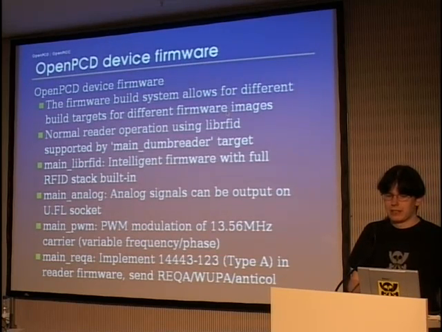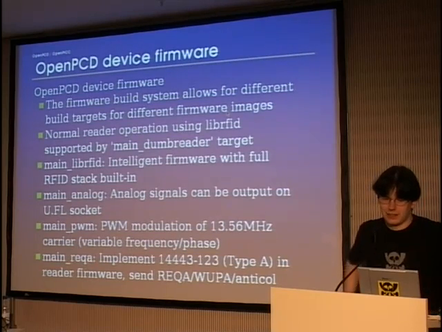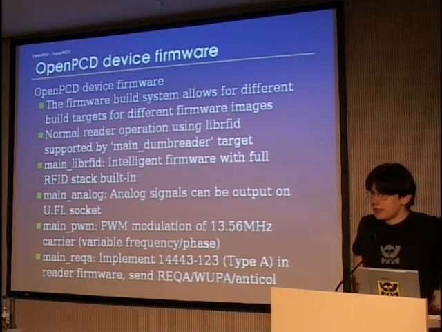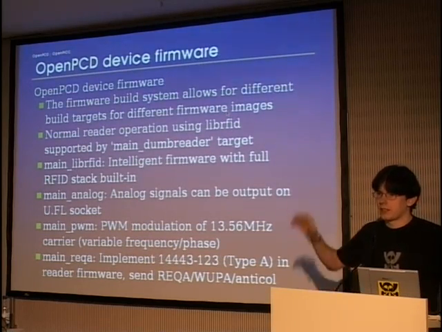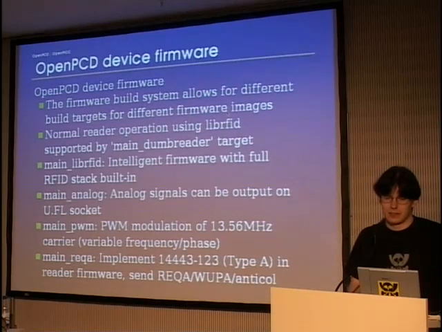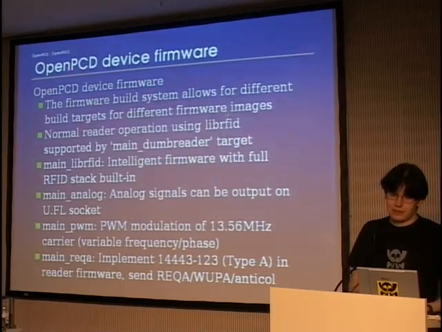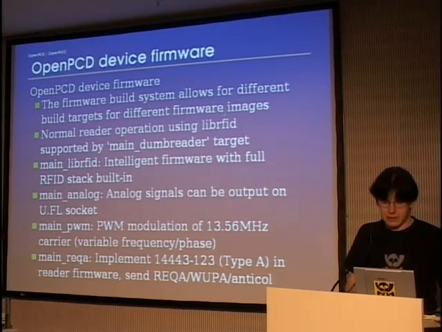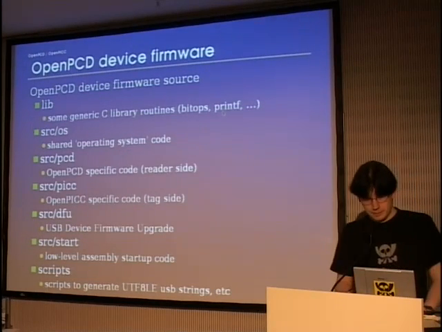The standard firmware for regular production use is called main dump reader. Dump reader because it implements a passive dump reader, one of these where the RFID protocol stack actually runs on the host PC and not inside the device firmware. We also have other images such as main librfid, main analog, main PWM, main reca. I'm going to talk a little bit more about them shortly.